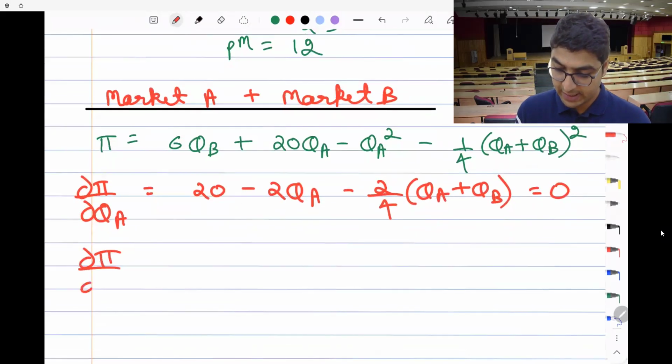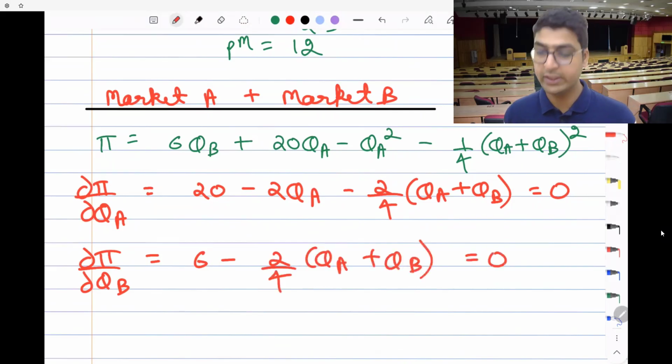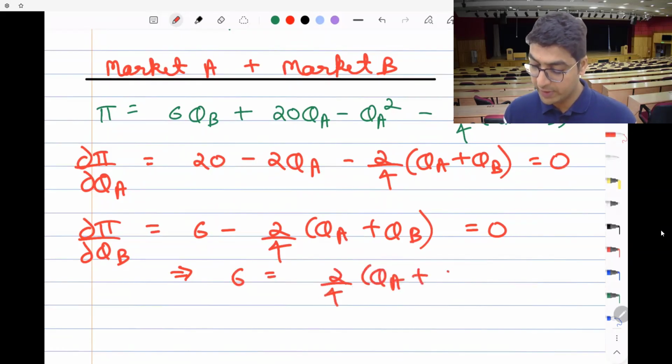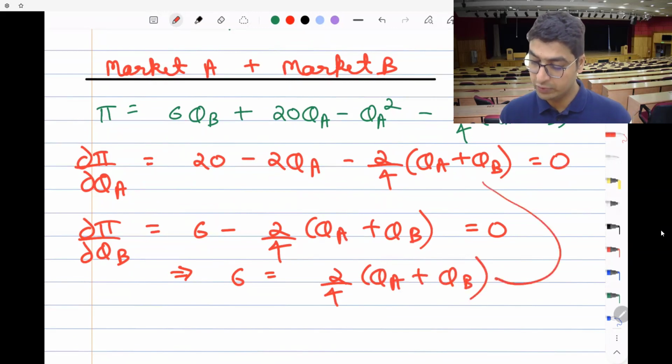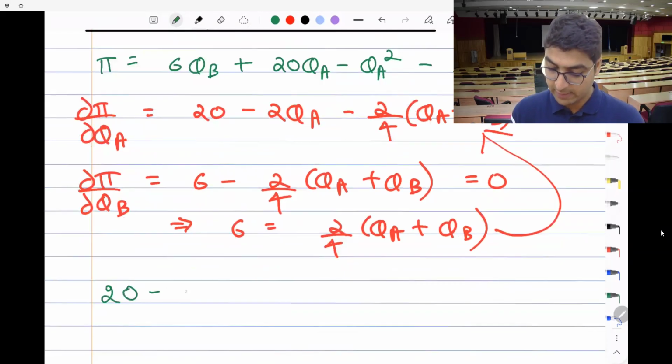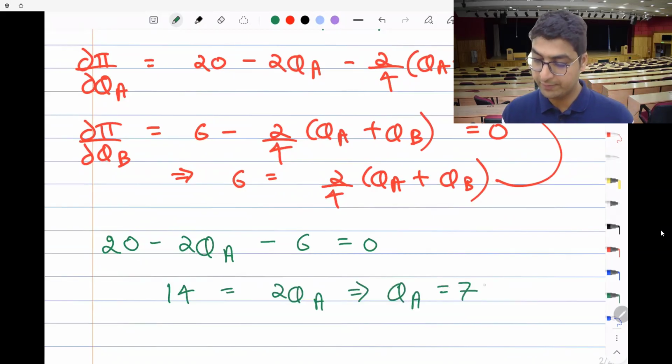And del pi by del QB will be equal to 6 minus 2 by 4 (QA plus QB); equating this to 0, from this we'll get that 2 by 4 (QA plus QB) is equal to 6. And we can use that information here. So using this, we'll get 20 minus 2QA minus 6 equal to 0. So 14 equal to 2QA, and from this, QA will be equal to 7.